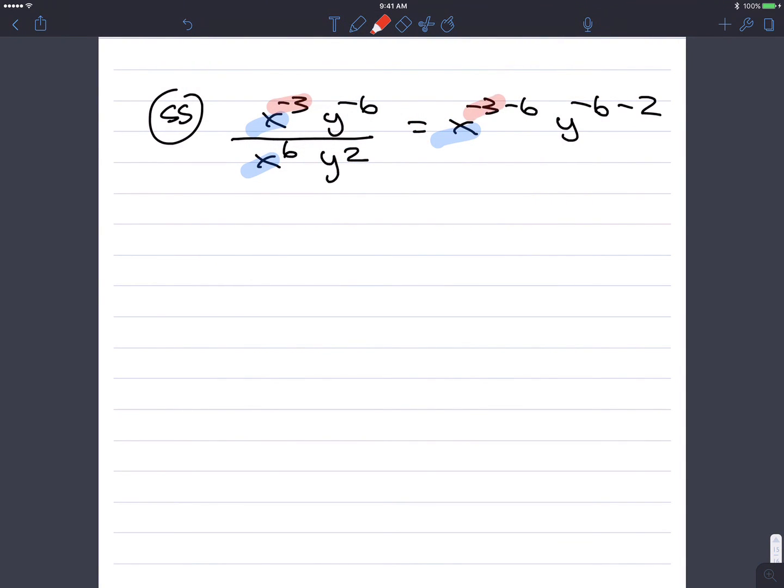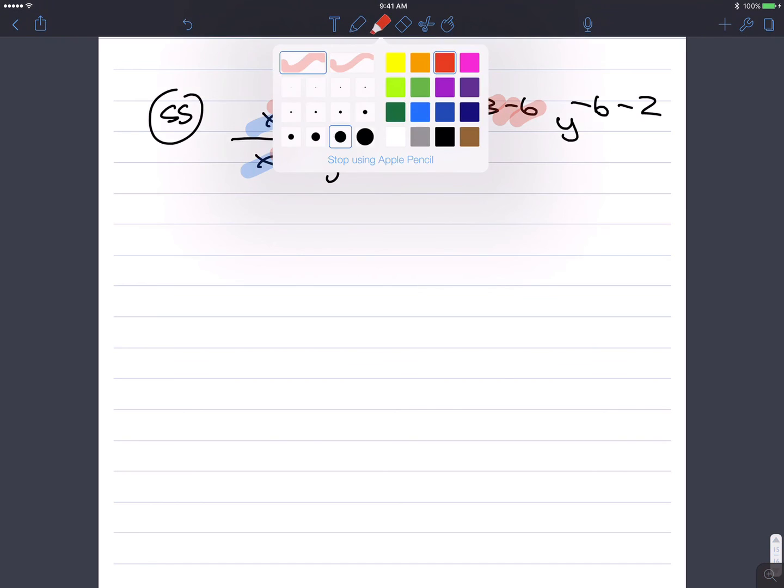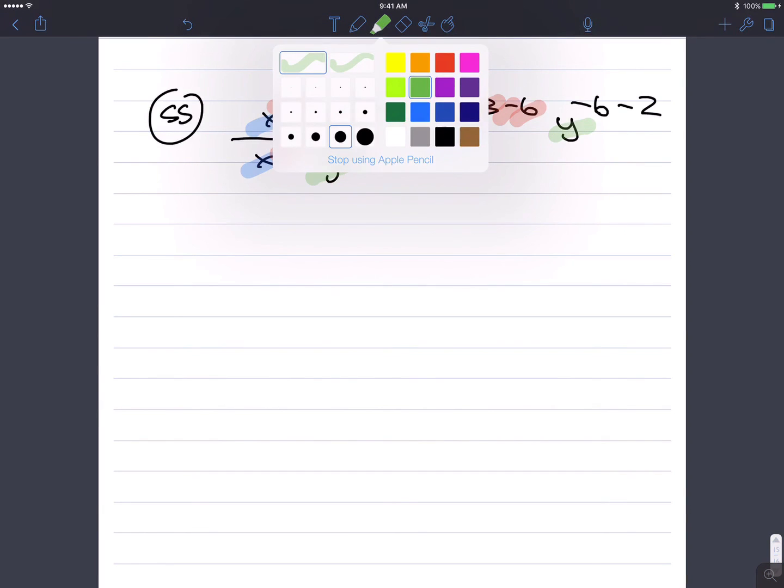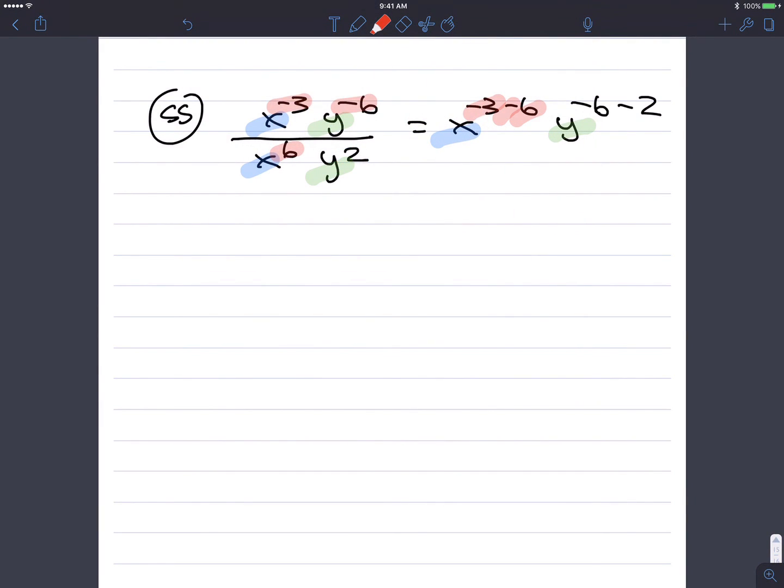Negative 3 minus a 6. Here's your 6. Let's look at the y. Same base, keep the base. Negative 6 right here, minus a 2. There you go. We end up with x to the negative 9th power, y to the negative 8th power.